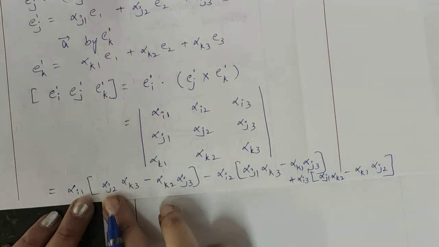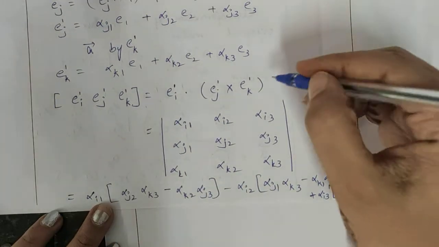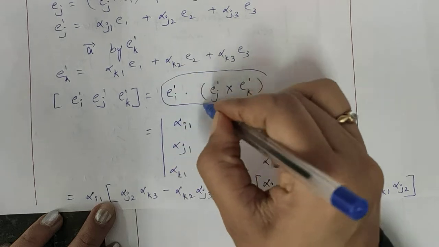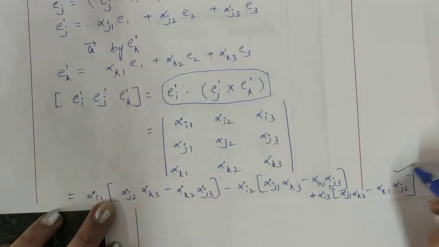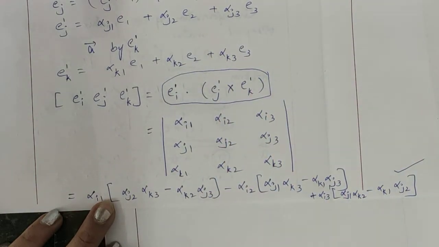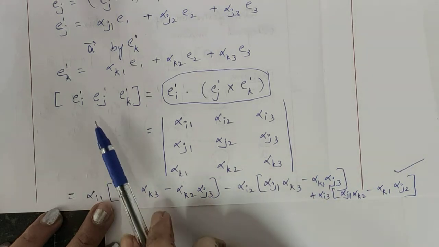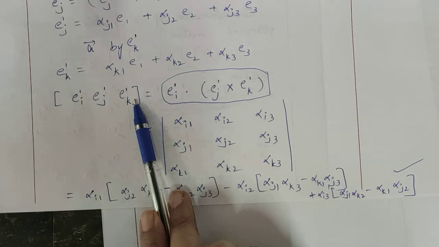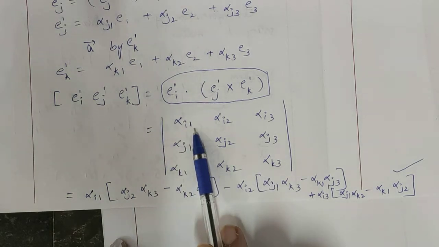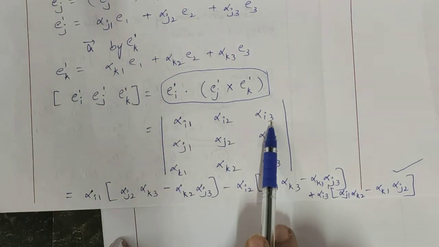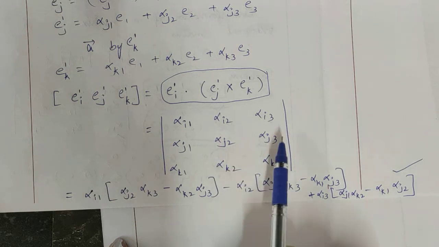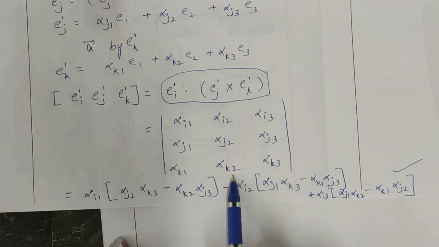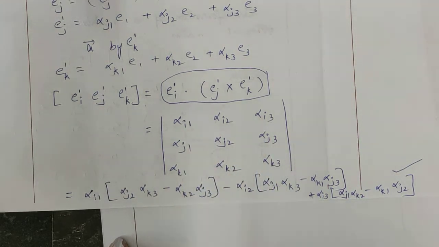Again, if you observe this, if you expand this, you will get the same thing. Okay, so from this we can conclude that Ei prime, Ej prime, Ek prime is equal to determinant of alpha I1, alpha I2, alpha I3, alpha J1, alpha J2, alpha J3, alpha K1, alpha K2, alpha K3.